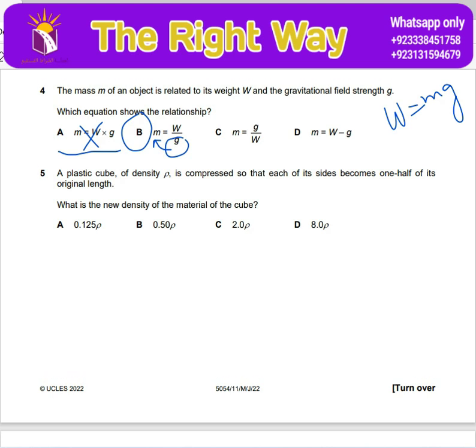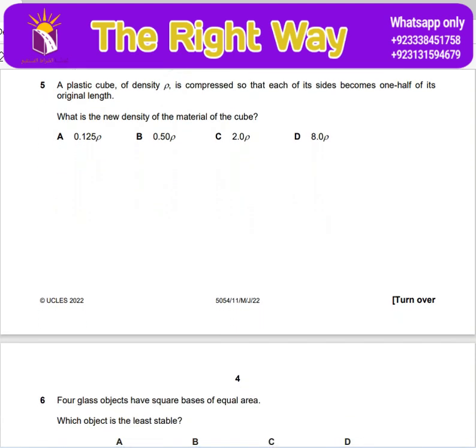Question number 5. A plastic cube of density rho is compressed so that its side becomes 1/2 of its original length. What is the new density of the cube? Okay, before compression, the density is m divided by v, and as it is a cube, density will be m divided by length cube.